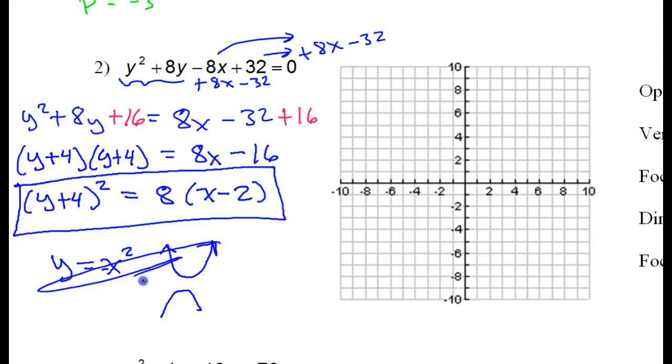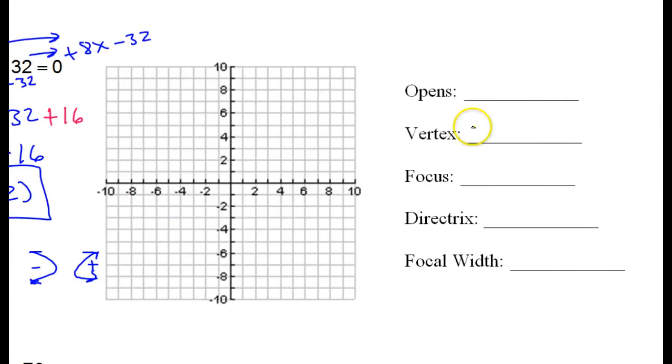When you have y squared, that's when you have sideways facing parabolas like these. Okay, either to the left or to the right. To the right would be positive, to the left would be negative. This 8 is positive, which means we will be facing to the right. So this is going to open to the right.